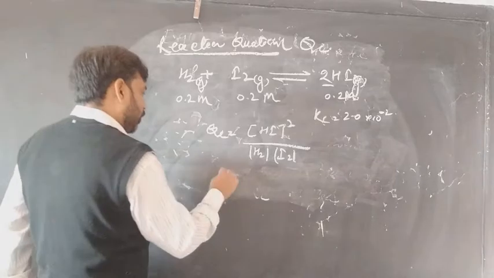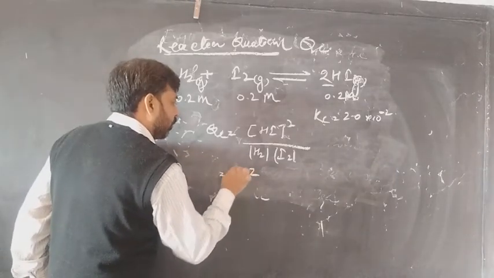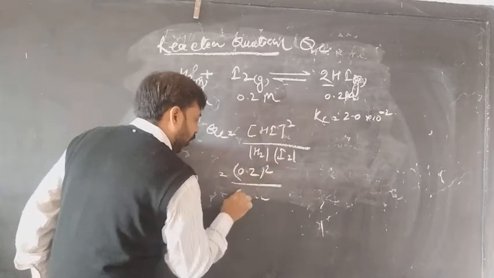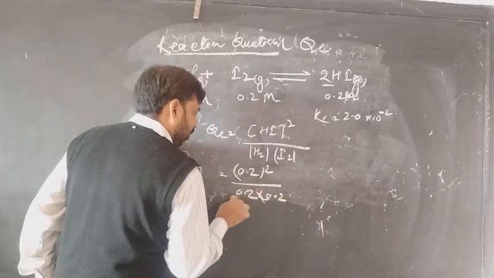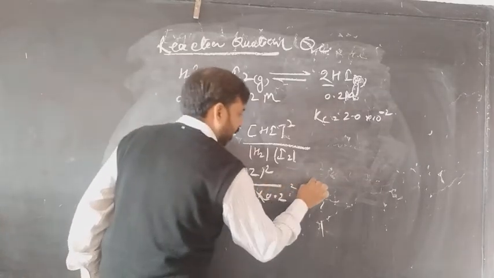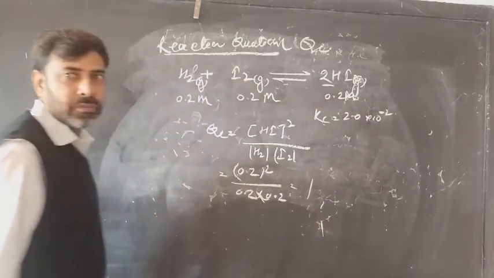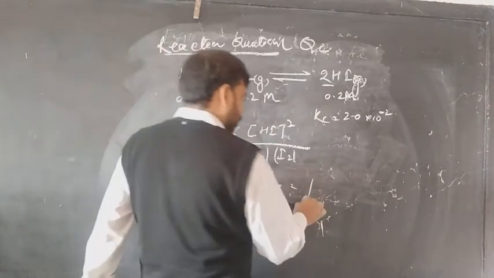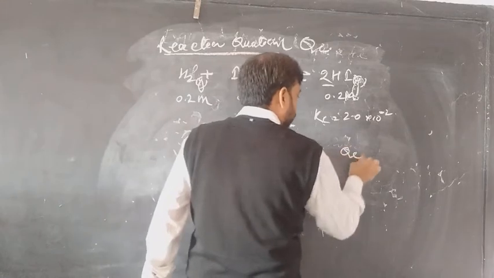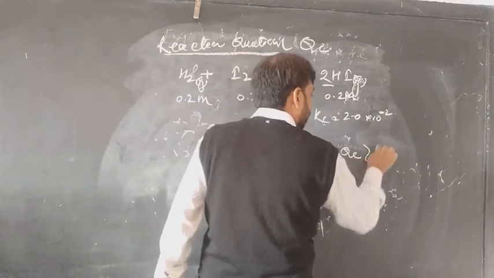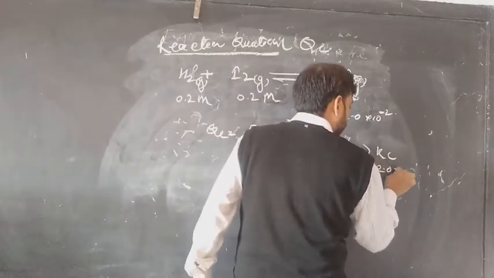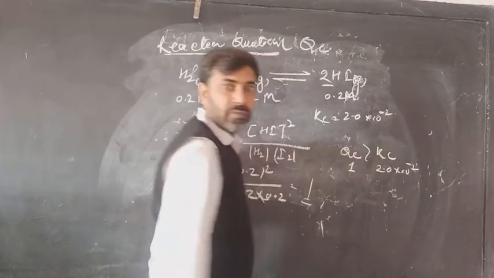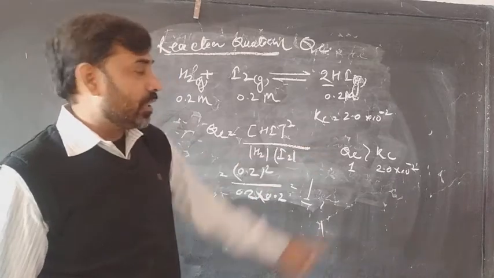When we put in the values, it is 0.2 square upon 0.2 into 0.2. After solving, you will get the value 1. This is the value of Qc. The Qc value is 1 and Kc's value is 2.0 into 10 to the power minus 2. Here Qc is greater than Kc.